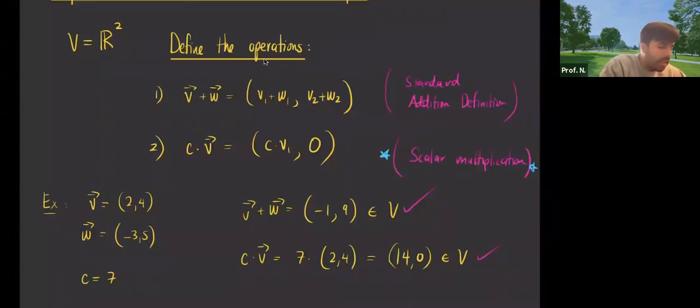Also, when we talk about multiplication, we're not dealing with multiplication of vectors, we're dealing with scalar multiplication. So we have a scalar multiplied by a vector. It's not vector multiplication, which, the only vector multiplication we can think of is dot product. So we're not dealing with dot product, but with scalar multiplication.